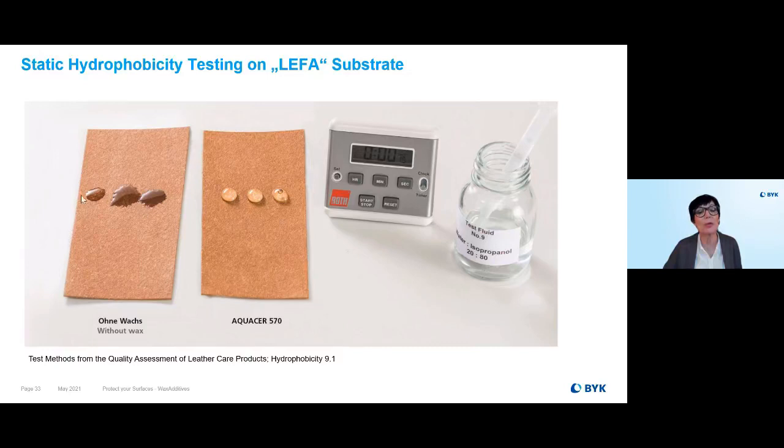And you see, without wax, we don't have any protection, so the leather absorbs the water in a minute. And after 2 minutes, using this test fluid number 9, so 20% water, 80% isopropanol, a pretty severe test, by using leather polish containing Aquacer 570, we still have a perfect hydrophobicity.